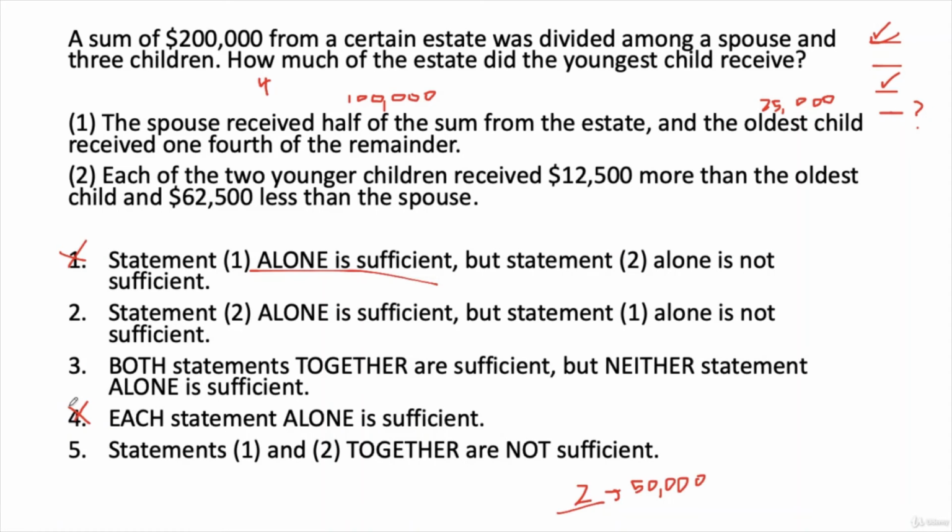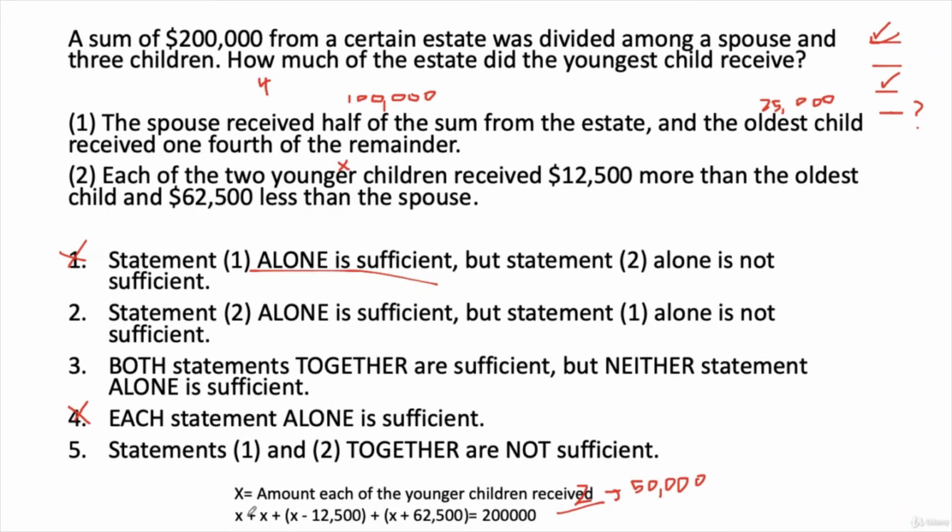After reading this, it may sound a bit confusing, but if you start off by taking the value that each of the two younger children received as x and make linear equations, you will get this. x and x being each of the two younger children, x minus 12,500 being the amount received by the oldest child, and x plus 62,500 received by the spouse.